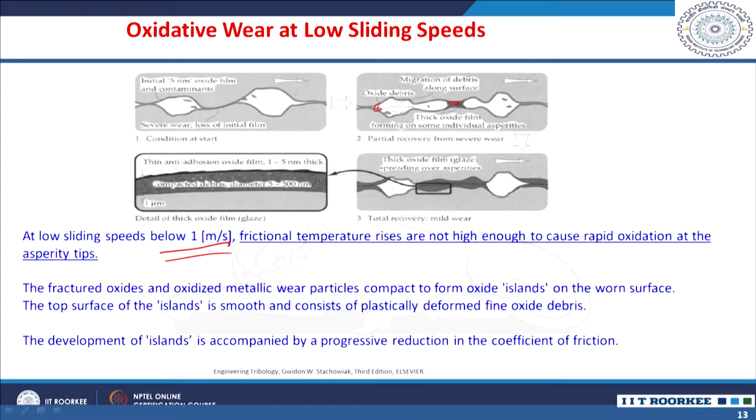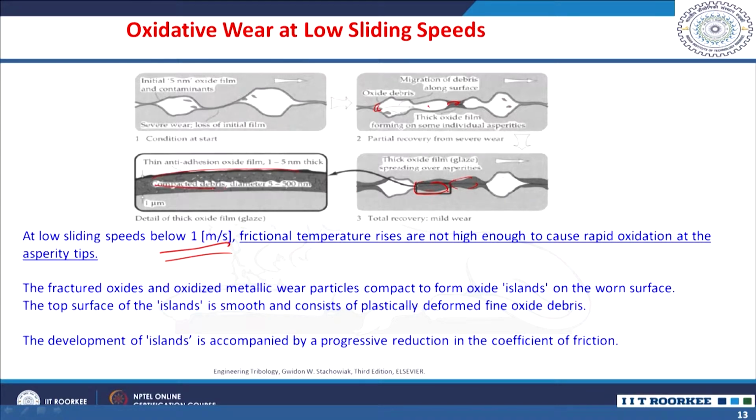These fractured oxides and the metallic particles that are oxidized compact to form oxide islands on the worn surface. The top surface of these islands is smooth, consisting of plastically deformed fine oxide debris. Development of such islands is accompanied by progressive reduction in the friction coefficient.